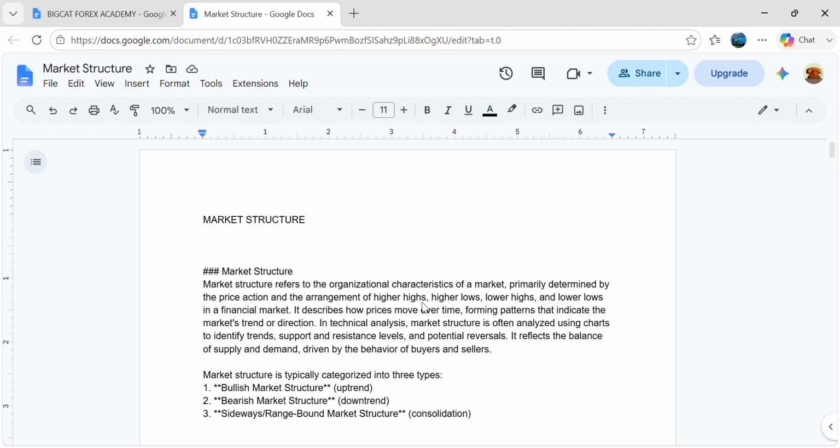It describes how price moves over time, forming patterns that indicate the market trend or direction. In technical analysis, market structure is often analyzed using charts to identify trend, support and resistance levels, and potential reversals. It reflects the balance of supply and demand driven by the behavior of buyers and sellers.